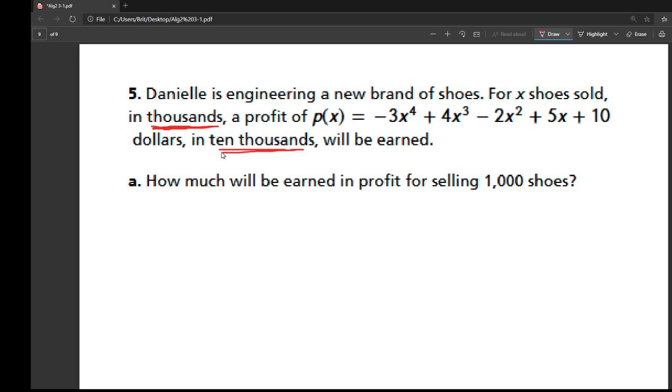Now, this is where I made a goof the first time I tried to do this. I'm not going to plug 1,000 into the function, because x is talking about the number of thousands of shoes. So when I go to do this, I'm actually only going to plug in 1. Because when x is 1, that represents 1,000. So all that I'm doing is I'm going into my expression, and wherever there's an x, I'm plugging in a 1.